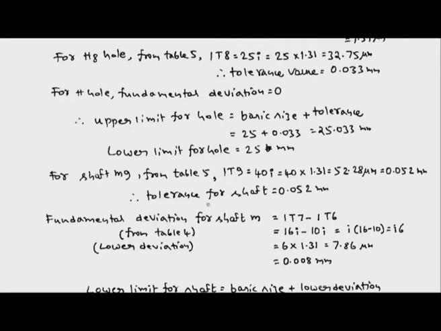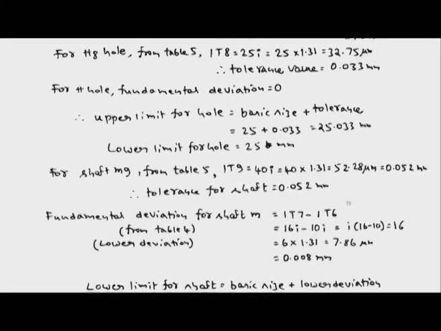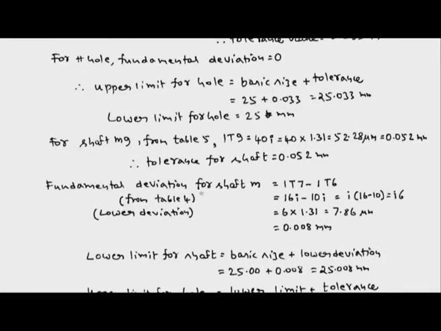So, tolerance for shaft is 0.052 millimeter, and then the fundamental deviation for shaft M from table number 4 is equal to IT7 minus IT6, this is equal to 16 times I minus 10 times I. So, if we feed the value of I, we get fundamental deviation of 0.008 millimeter.